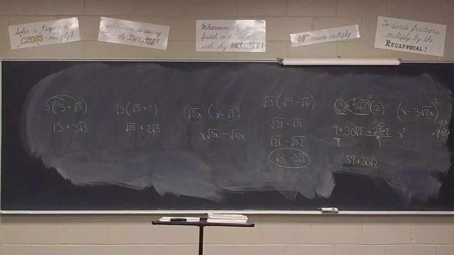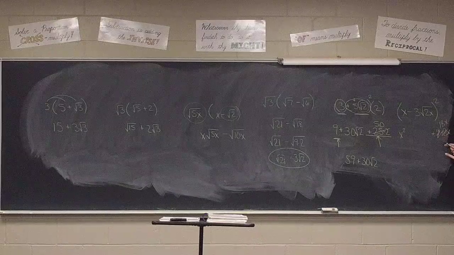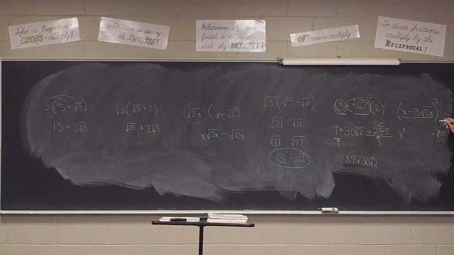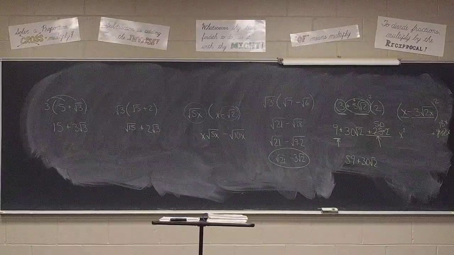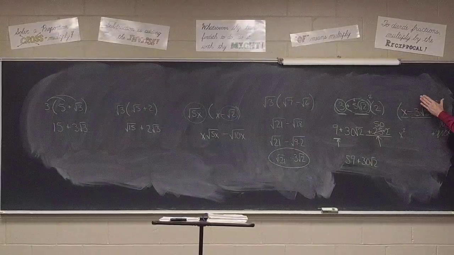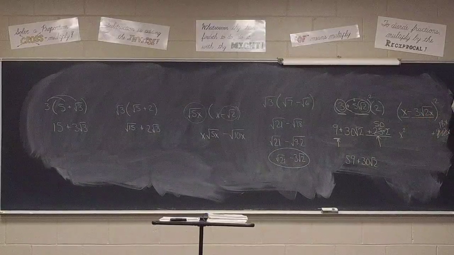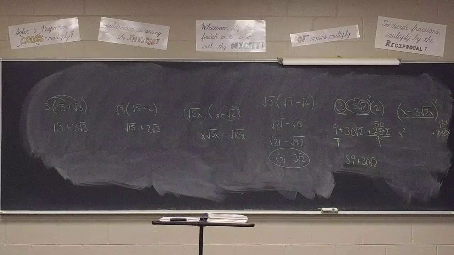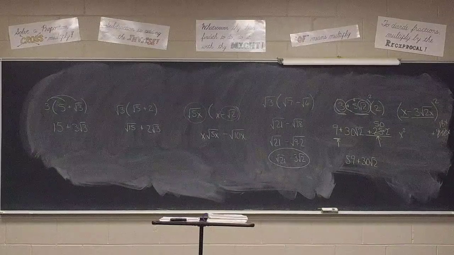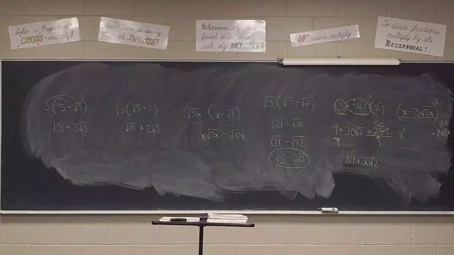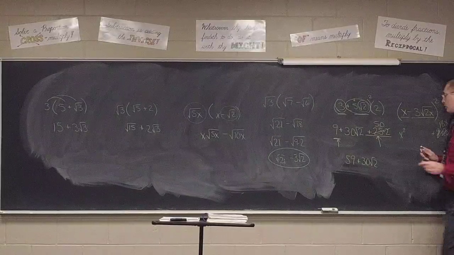And then finally, we're going to multiply and double. I'm going to multiply these two things together, and I'm going to multiply a 2. What do I get when I multiply x, negative 3 square root of 2x, and a 2? Perfect.